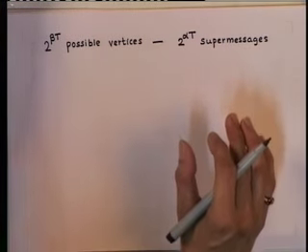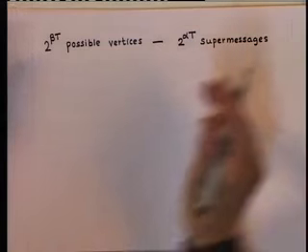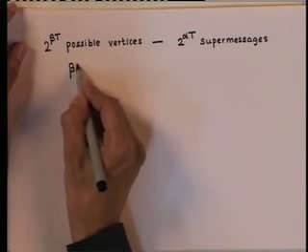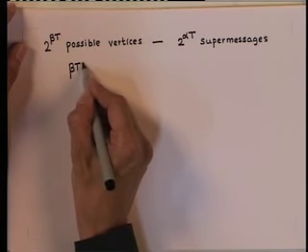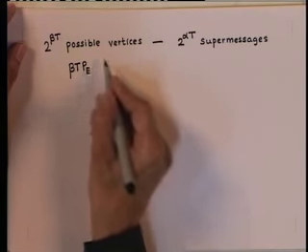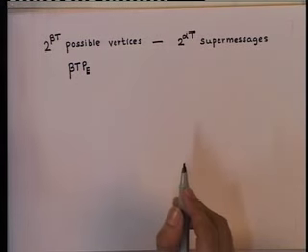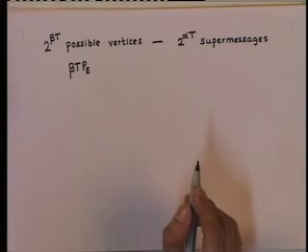From the decision procedure, it is clear that if we assign a particular vertex to a super message, then none of the other vertices lying within a sphere of radius beta t p e can be assigned to another super message.